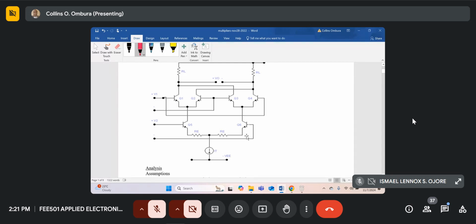That's the only difference. So we are going to solve this. We want a relationship between V2 and I5 and I6, how I5 and I6 vary with V2.